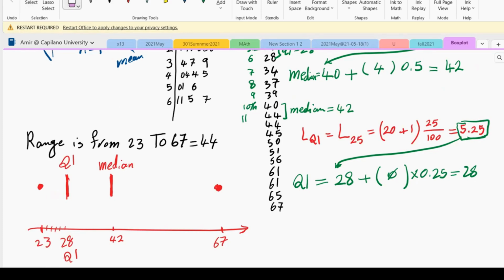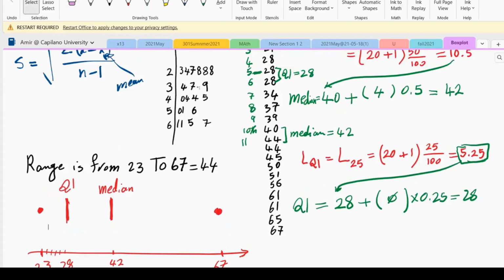Excuse me, Professor. Why did we use 0, where 28 plus 0 times 0.25? Oh, why did we say 0? Because we are not interested in observation 5. Do you agree with me? We are interested in observation 5.25. 5.25 is between the fifth observation and the sixth observation, and they're both 28.